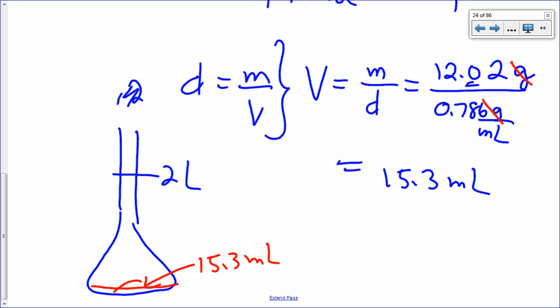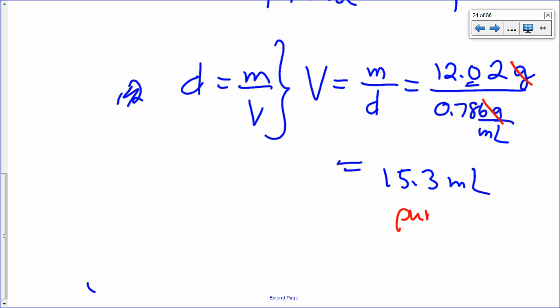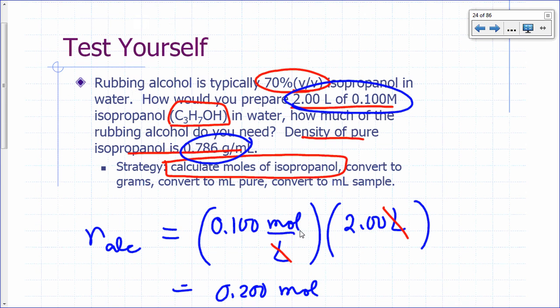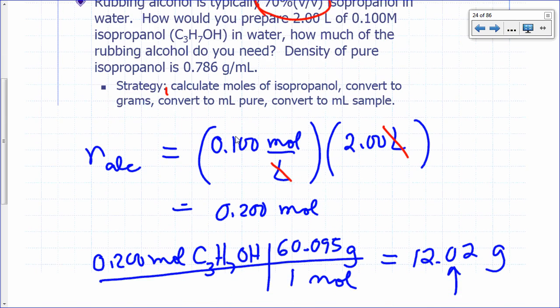that would be pure. I don't have pure. Sorry. Not there yet. That would be pure. So this is pure. But what I have is rubbing alcohol, which is only 70% isopropanol by volume. Let's treat that 70% as exact.